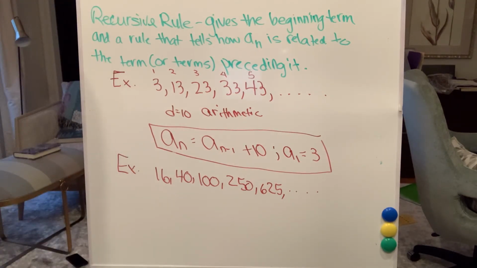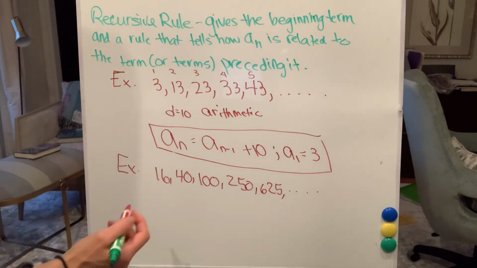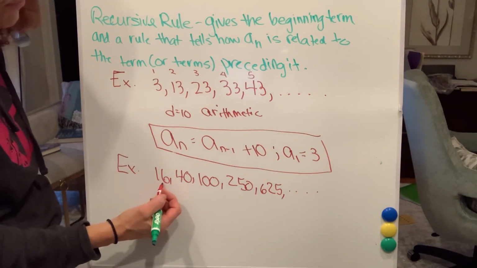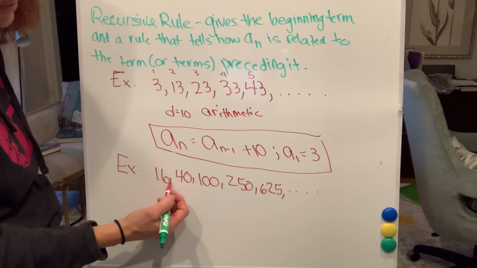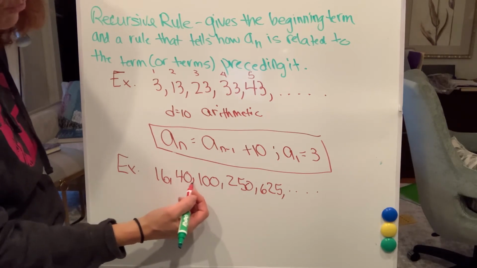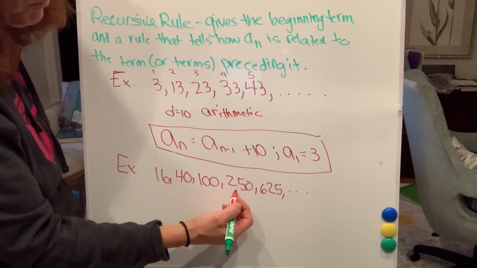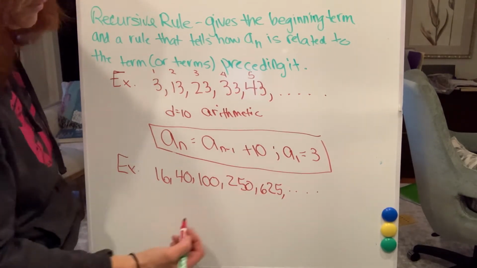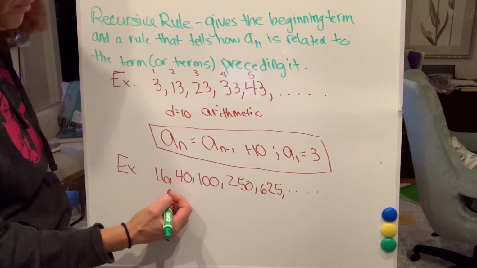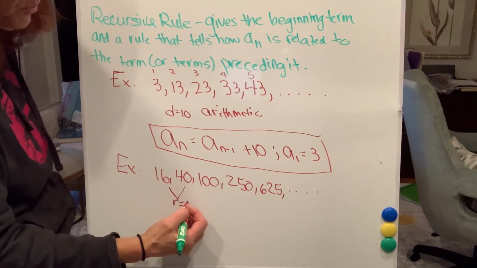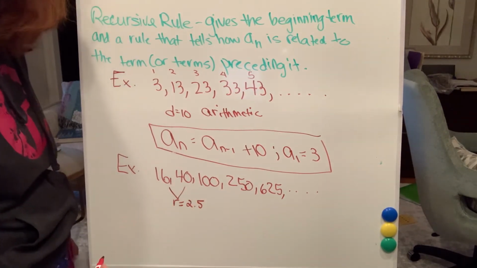This rule is I am multiplying by 2.5. 2.5 times 16 is 40. 2.5 times 40 is 100. 2.5 times 100 is 250. 2.5 times 250 is 625. So the ratio here, the common ratio, is 2.5.